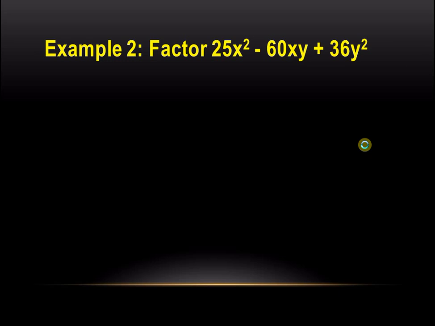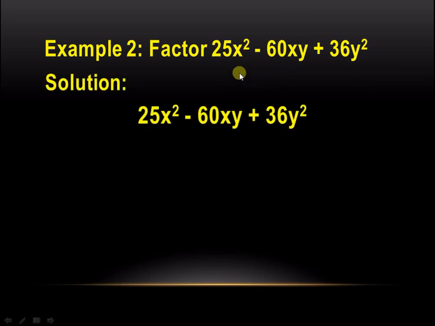Factor 25x squared minus 60xy plus 36y squared. So let's determine the square root of the first term, which is 5x. The square root of the last term is negative 6y. Why do we have a negative here? Because we are now considering the sign in the middle term, which is negative.